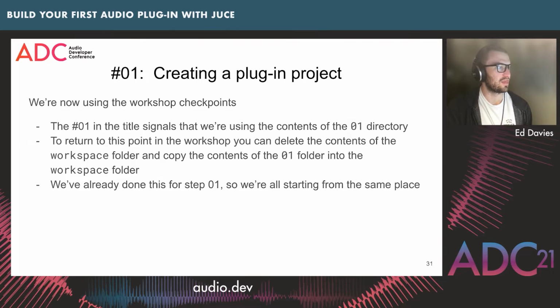So this is one of the workshop checkpoints. So you'll see at the very top of the title here, this is step 01, and that signals that we're using the contents of the 01 directory in the materials.